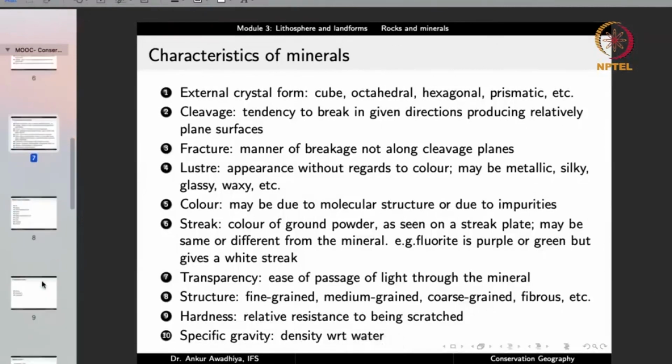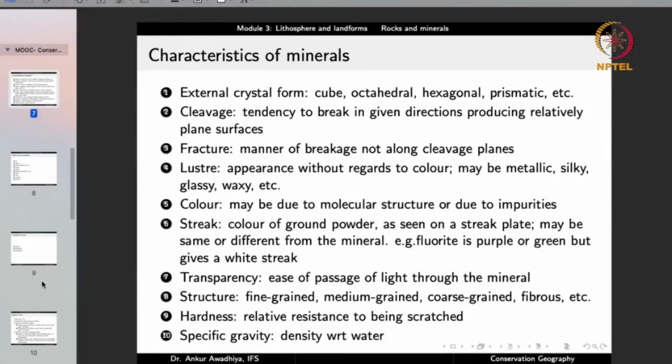Now when we talk about minerals, we can characterize minerals on the basis of several of their characteristics. One such characteristic is the external crystal form. Now because minerals have ordered atomic arrangements, they form crystals. If you have a crystal of a mineral, you can look at what is the shape of that crystal.